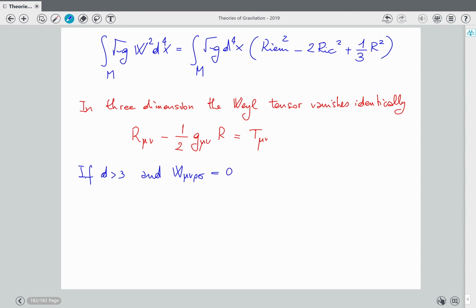So in d equals 3 this is meaningless, but in d greater than 3, if the Weyl tensor vanishes, then the metric is locally, which means chart by chart. So this is not a global property, but it is interesting from time to time, conformally flat.